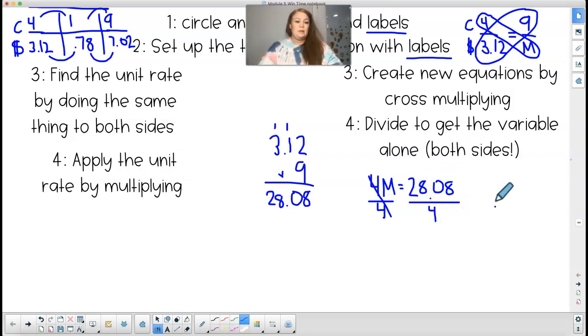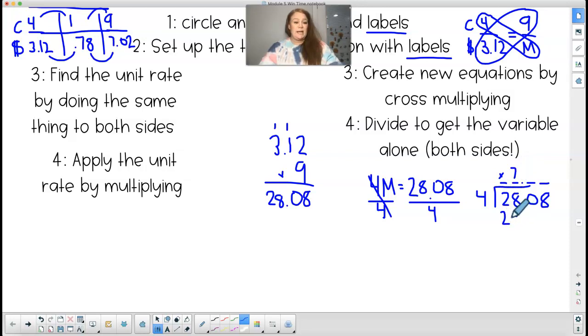So I can do 28.08 and I can divide it by 4. And that is going to give me my answer for 9 cans. I need something above the 2, the 8, there's my decimal, the 0, and the 8. So 4 can't go into 2, but it goes into 28 7 times.